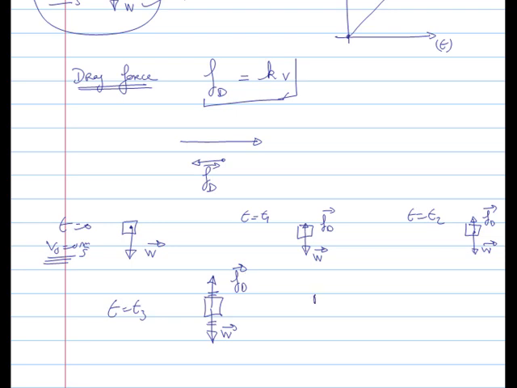And this, according to Newton's second law, tells us that the left-hand side is equal to 0, which means that after t3 the acceleration will be equal to 0, which means that the velocity will reach a constant value.